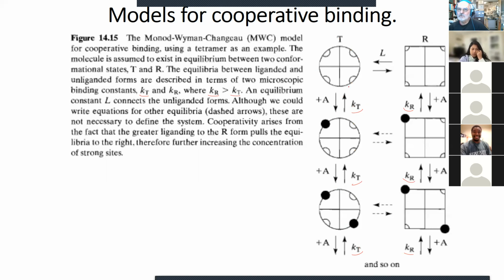So the concerted model is all of the tetramers are in the low affinity form, all of the tetramers are in the high affinity form, and the conversion happens between the oligomer states. All right. And so this is the basic information that you need to define the model. There's an equilibrium between quaternary structures, and there's a low affinity and a high affinity form.